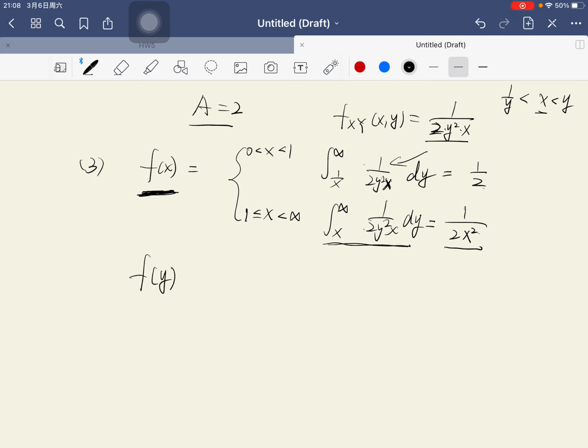It is equal to ln y over y to the power of 2, when y is from 1 to infinity, and the other part is 0.